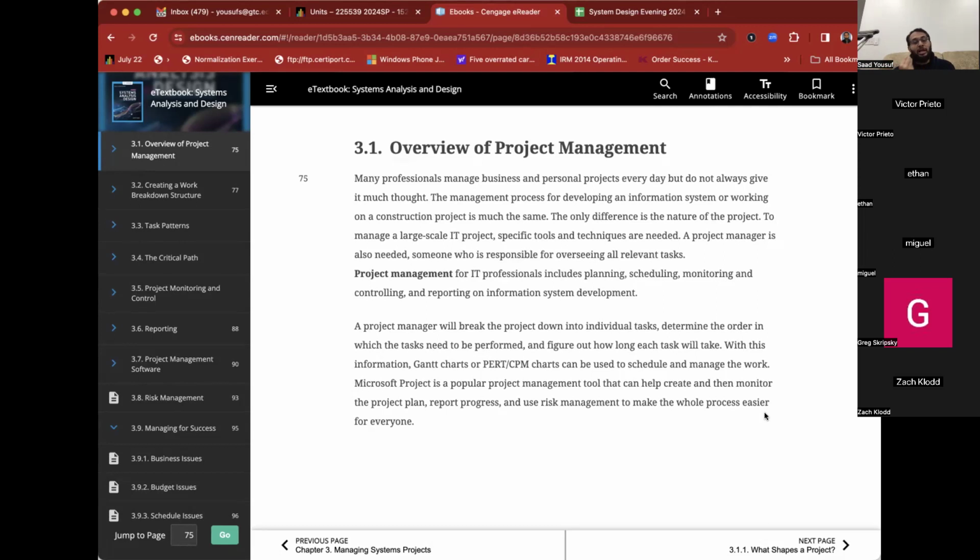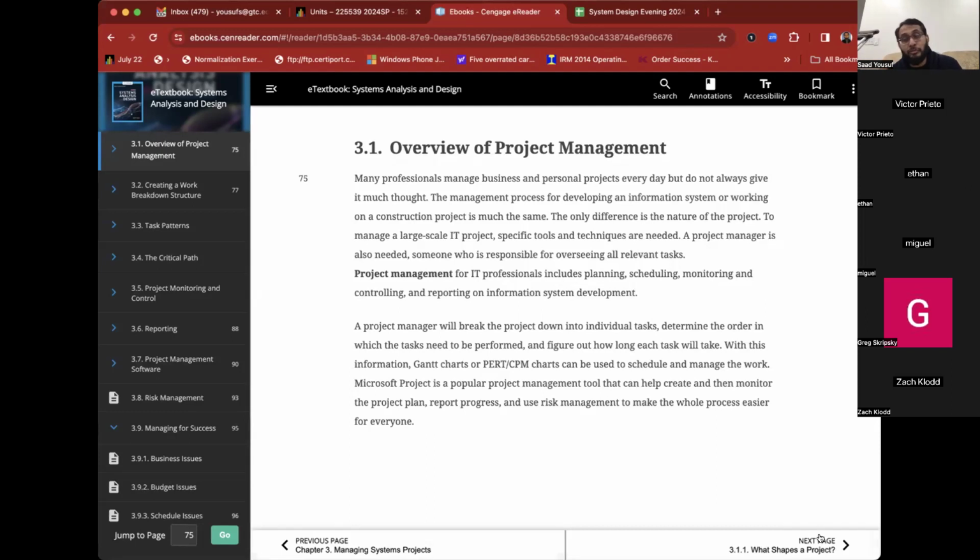A project manager's job is to break the project down into smaller, individual, more manageable tasks and oversee these tasks over the course of the project. Now, these tasks, depending on what approach you are taking, will be dealt with differently.